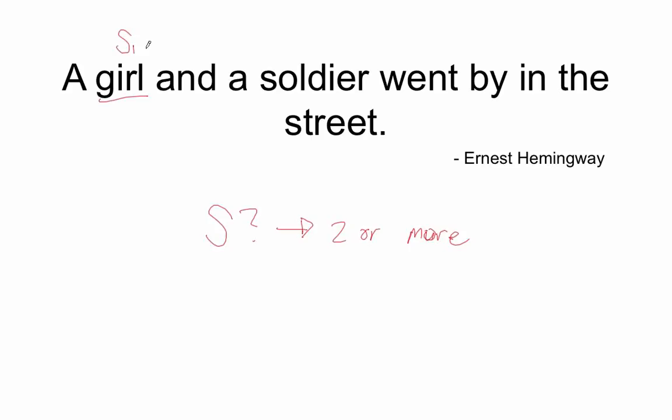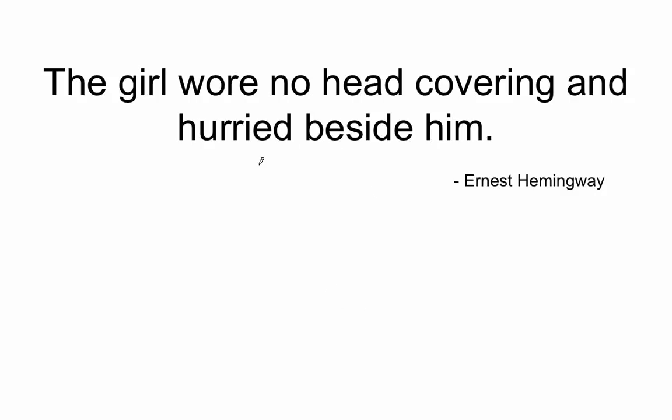You can have it subject 1 if you want. And a soldier, subject 2. Okay? And then once you've located your subjects, divide, look for the verb. What did they do? What did the girl and the soldier do? They went by. Okay? Verb. Core sentence right here. Let's take a look at another sentence and another special case.